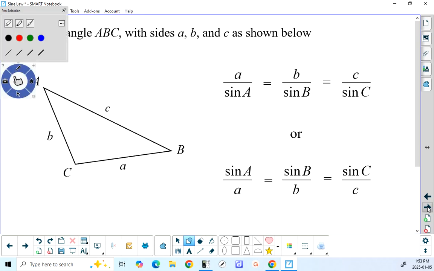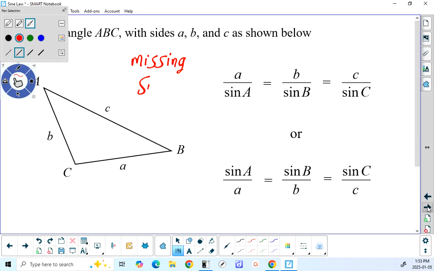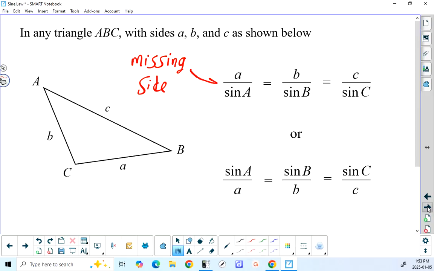You can make a note to yourself, you can write this down, that typically speaking, if you want to find a missing side, then I recommend using this form of the sine law, whereas if you want to find a missing angle, I recommend using this form of the sine law. I just recommend using the form of the sine law where your unknown is on the top. Rearranging that is easier if your unknown is on the top than on the bottom.